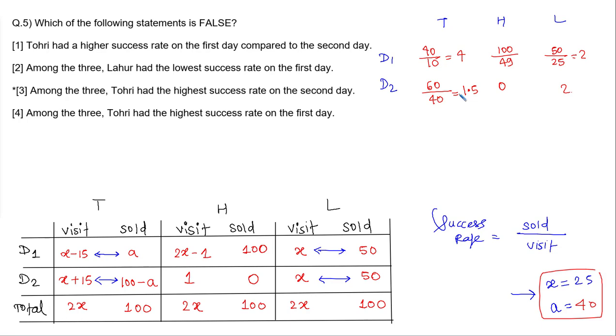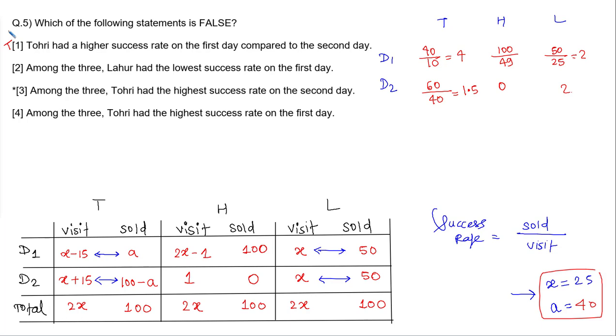So now the question says that we need to identify which of the following statements is false. T had a higher success rate on day 1, on the first day compared to the second day. So the first statement is true. The success rate of T is higher on the first day than the second day.